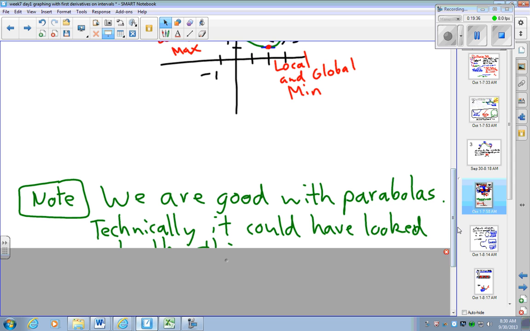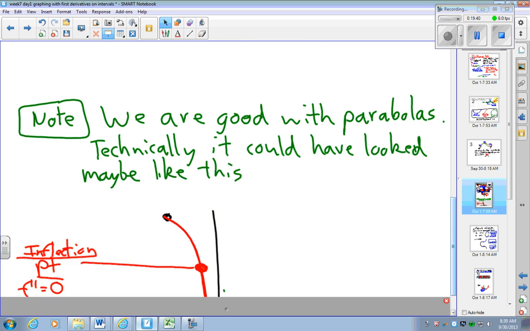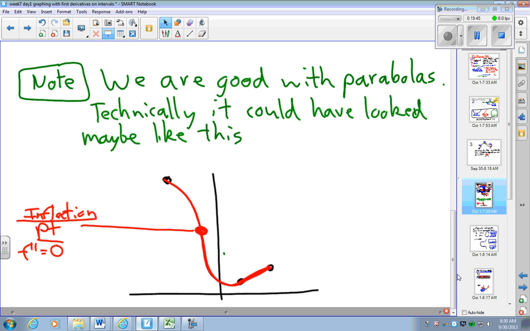But I do want you to see that we're good with parabolas. Technically, it could have looked maybe like this. And this is the part that we need to work on, where we have the same points that we drew. Here, here, here. And we know parabolas look like that.